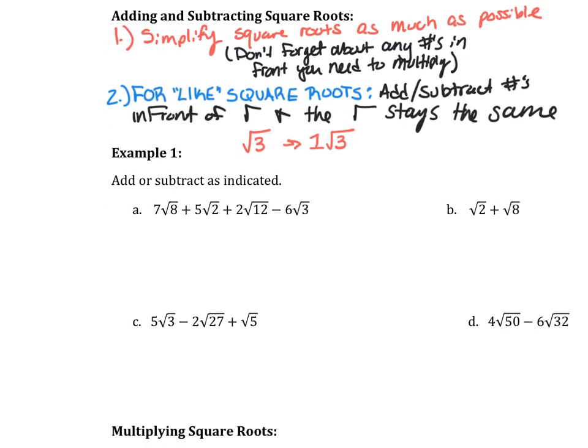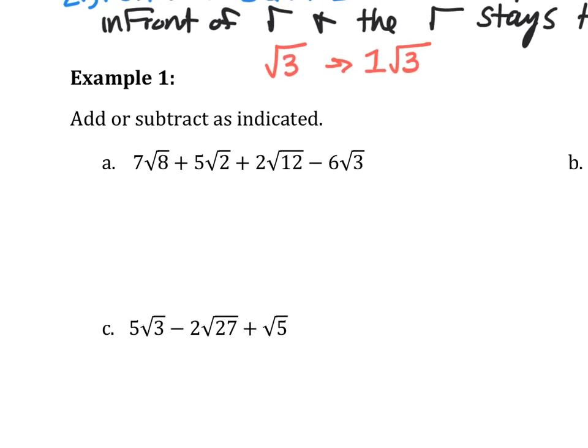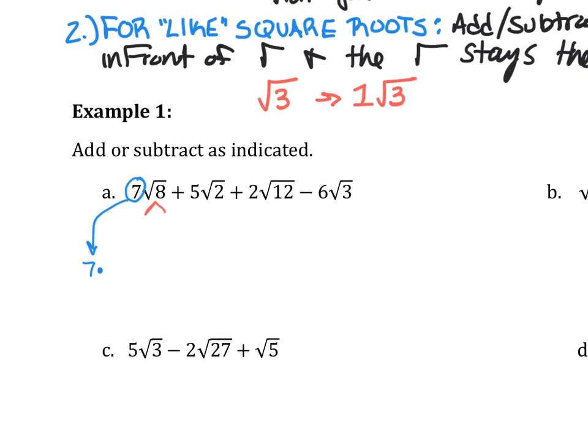Okay, so if you look at example 1, add or subtract. The first thing we need to do is reduce our square roots as much as we can. I have a couple numbers out in front, so I don't want to forget about those. At least 7 times the square root of 8. Remember, we're looking for a perfect square.